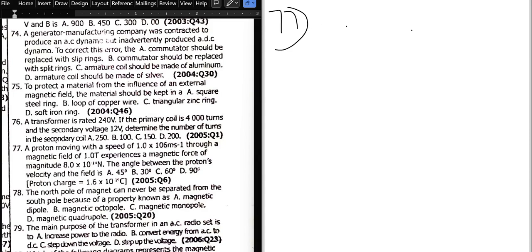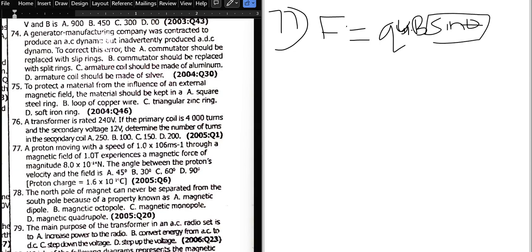The general formula is F is equal to Q v B sine theta. Now we're looking for sine theta, right? So make sine theta the subject of the formula. Sine theta is equal to F over Q v B.